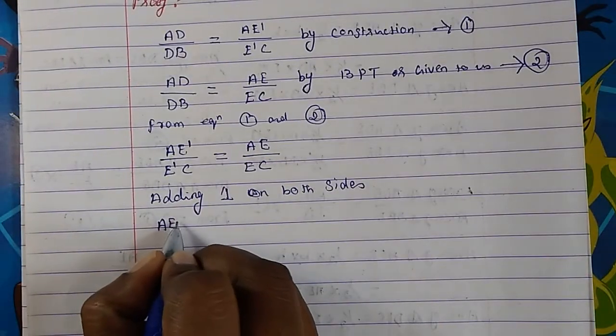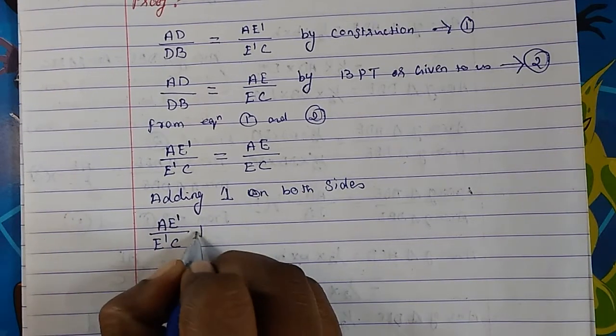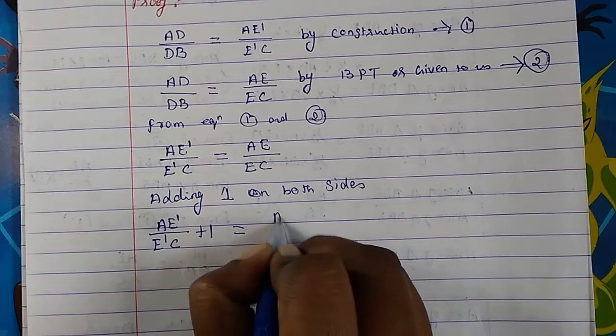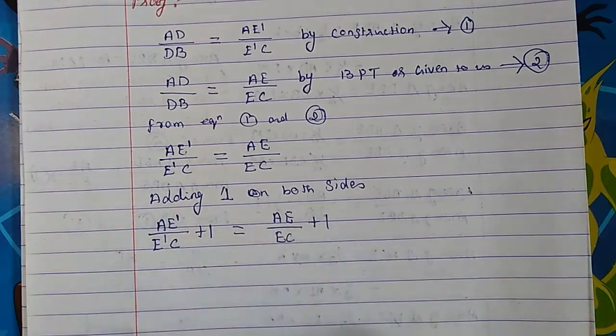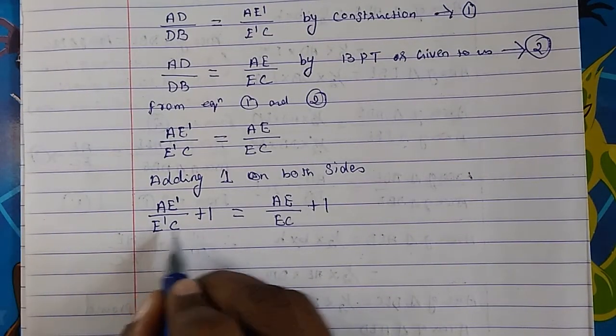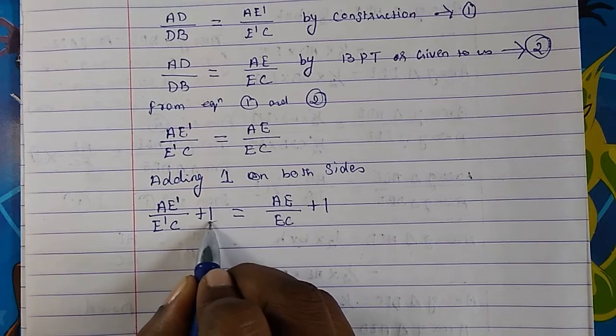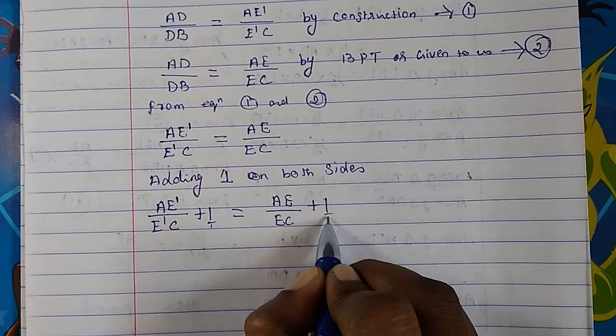That is AE dash upon E dash C plus 1. Same way here also AE upon EC plus 1. So when there is 1, let's take here denominator we have this, but here denominator nothing is there, so we consider there is 1. Here also in denominator there is nothing else, so we consider 1.